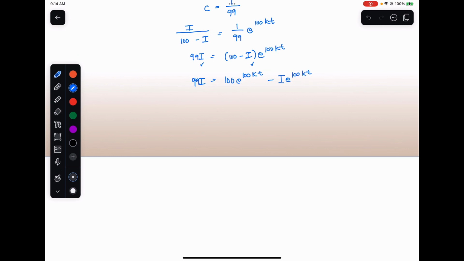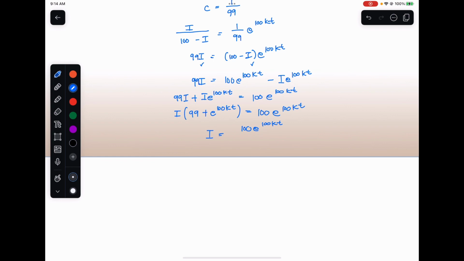Then we transpose: 99I plus I e raised to 100 kt is equal to 100 e raised to 100 kt. We factor out I, giving us 99 plus e raised to 100 kt is equal to 100 e raised to 100 kt. And thus I will be 100 e raised to 100 kt all over 99 plus e raised to 100 kt.